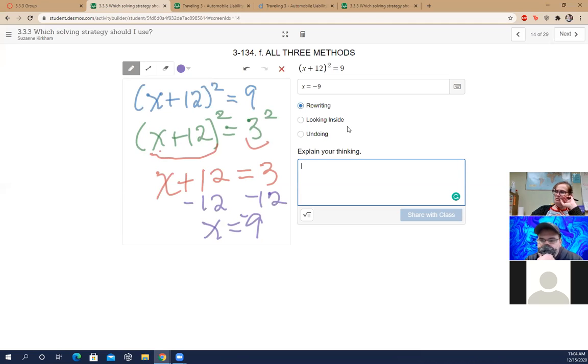I think it could be either of those. Looking for factors of 9. Yeah, looking inside. So looking inside parentheses and looking inside the 9. Like, what plus 12 equals 3.